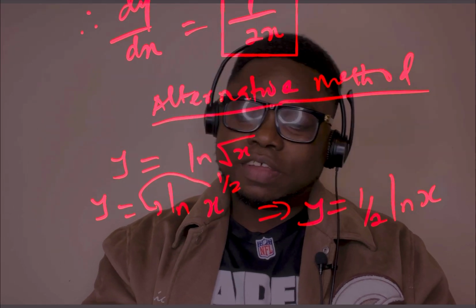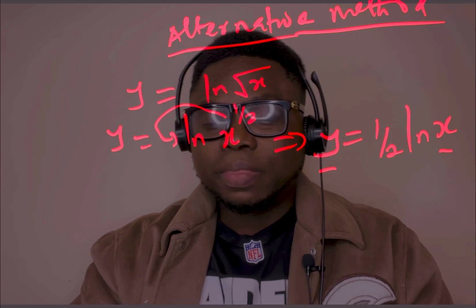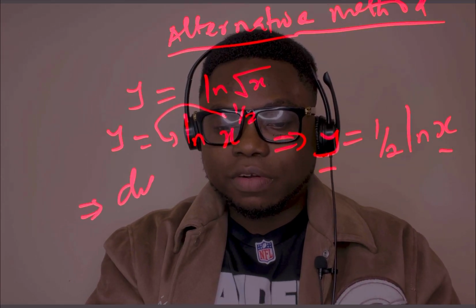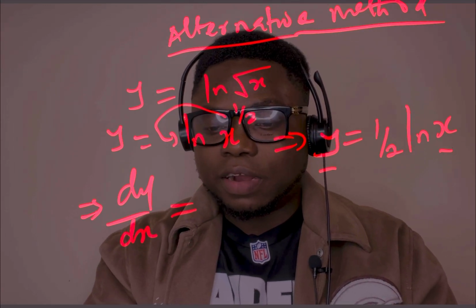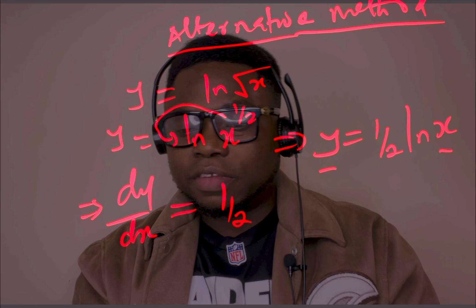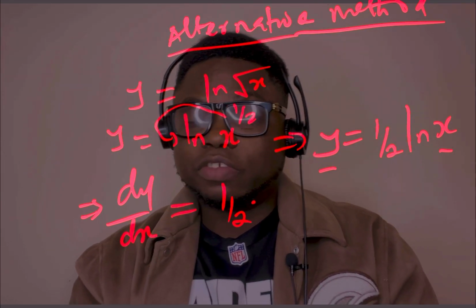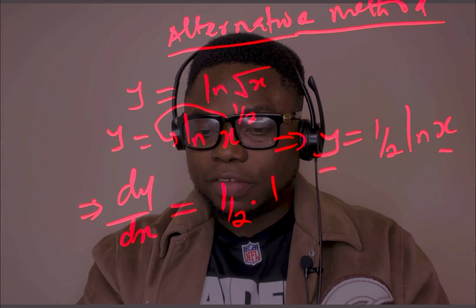So in this case, I'm going to differentiate y with respect to x. Doing so, I'm going to have dy over dx is equal to half, then ln x. Remember I said whenever you're differentiating ln of any variable, it's going to give you the reciprocal of that variable. That will be 1 over x.